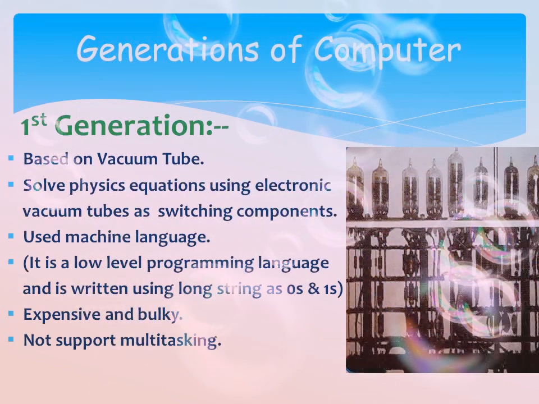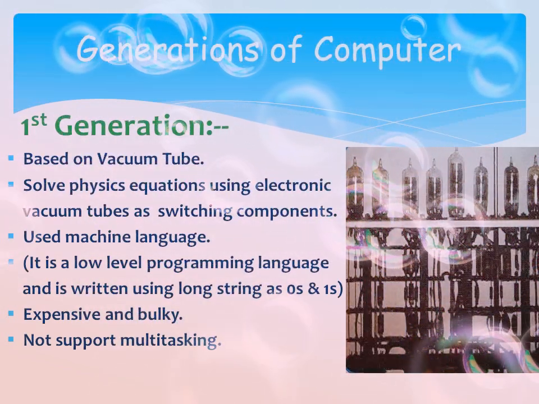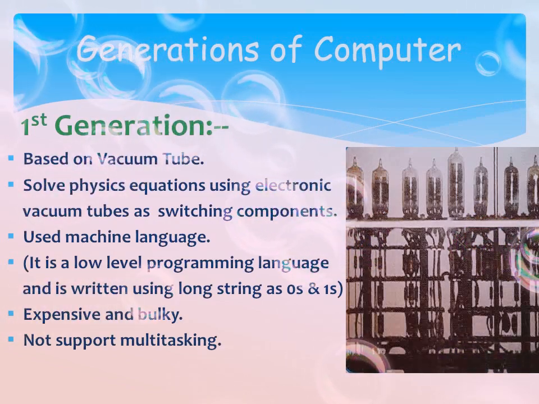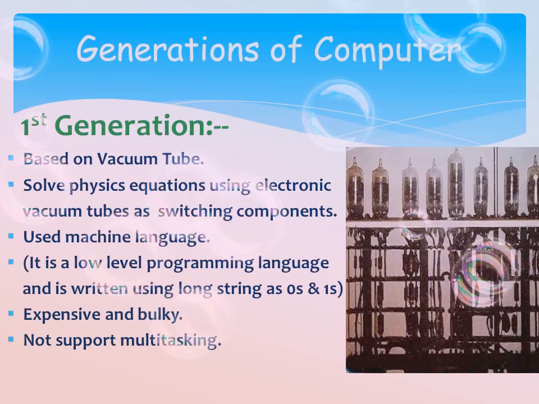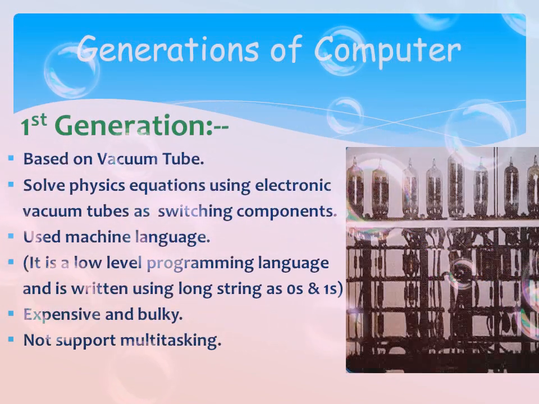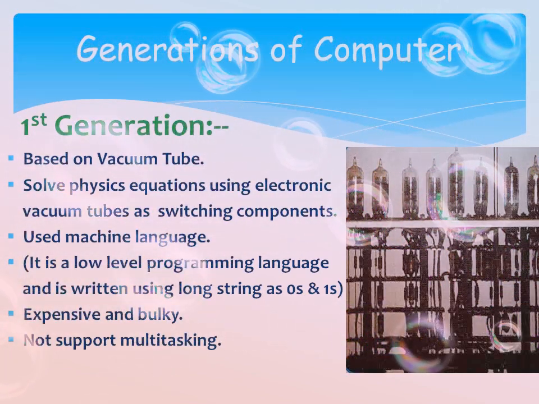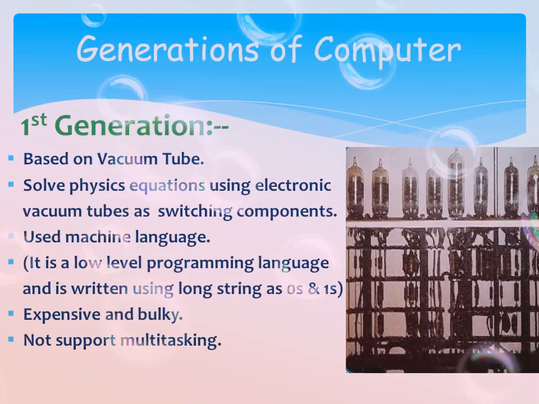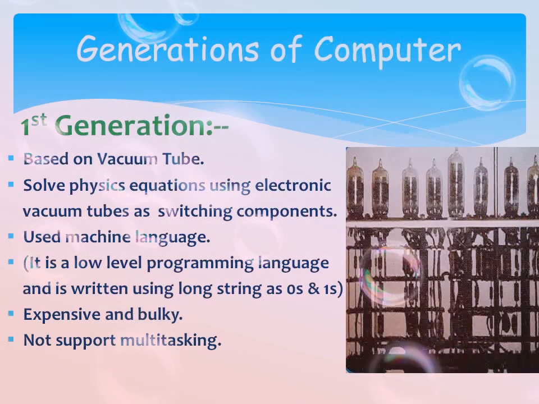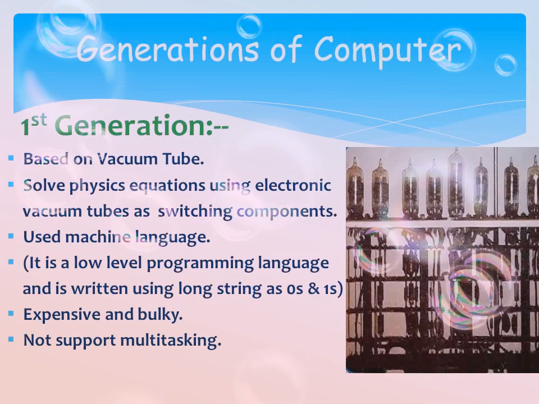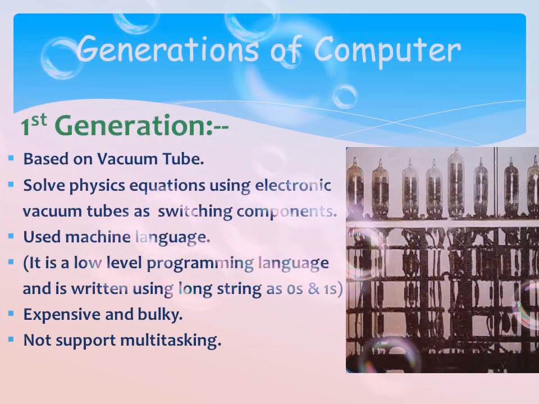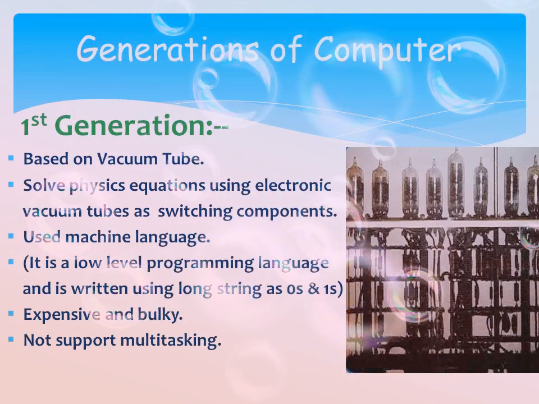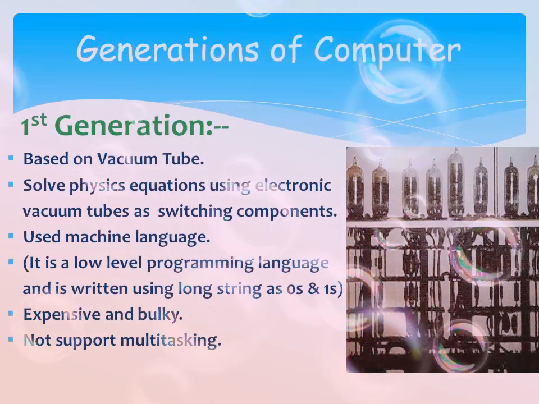What is machine language? Machine language is a low-level programming language written using long strings of zeros and ones. So it is very difficult to write and very difficult to find errors, and it is directly executed by the CPU. This is the machine language.